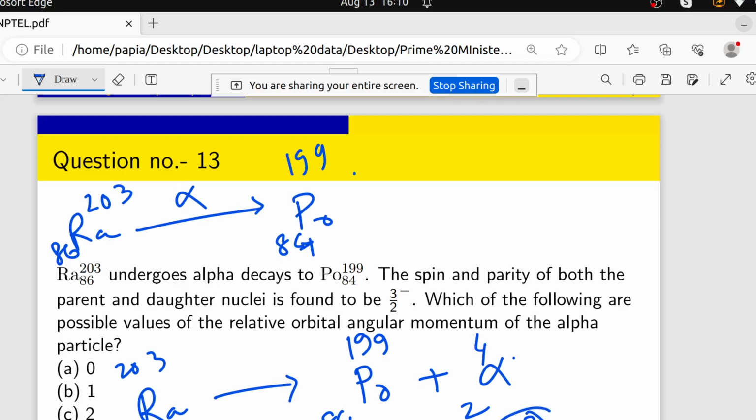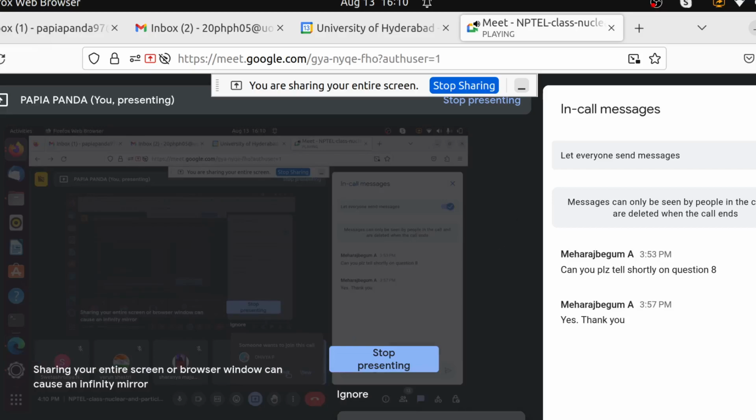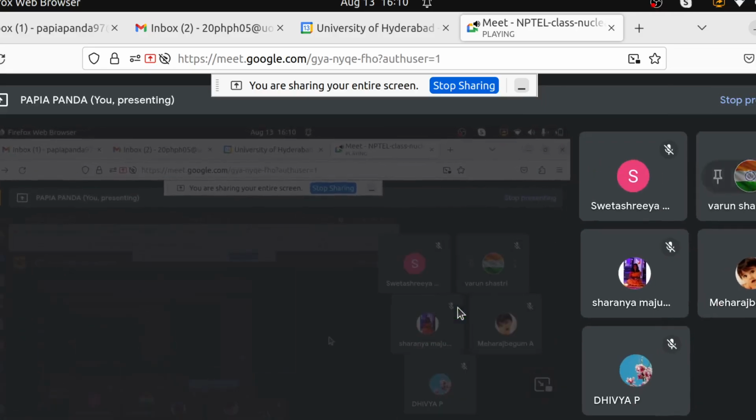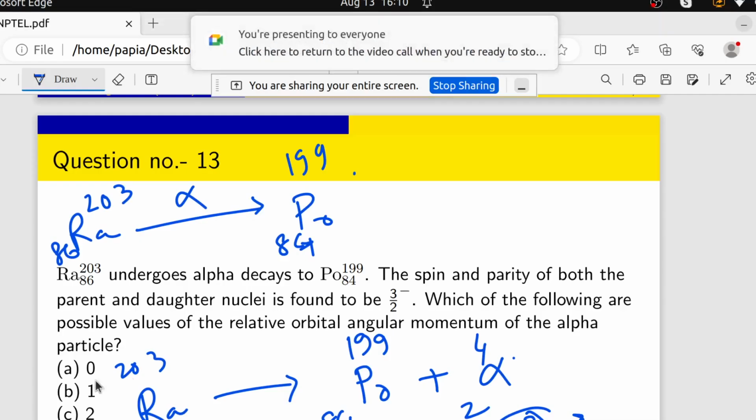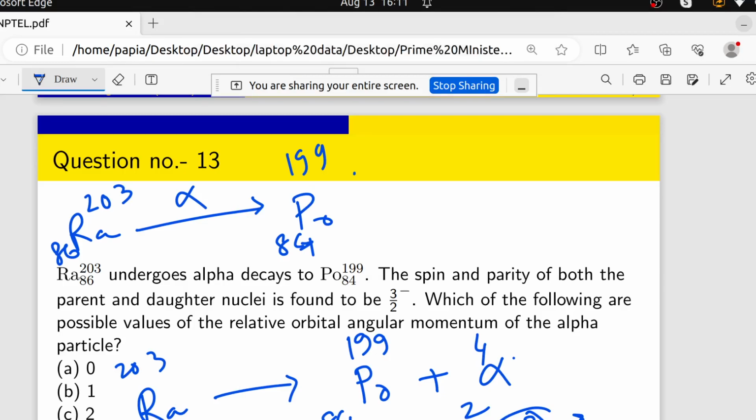That is the question. So previously it was 3/2 minus. Now also the daughter particle has spin parity as 3/2 minus. Then they are asking what will be the relative orbital angular momentum. They are only asking about that L value for the alpha particle.